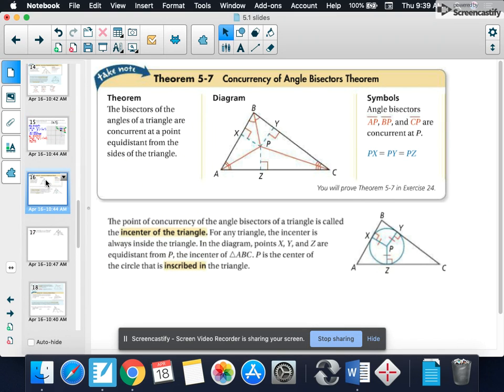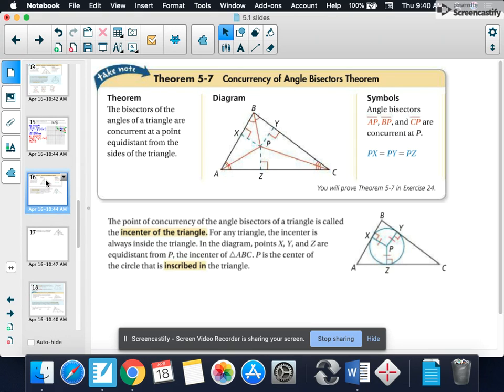Next we're going to talk about concurrency of angle bisectors. It's a similar concept, except now we're looking at the angle bisectors instead of the perpendicular bisectors. The bisectors of the angles of the triangle are concurrent at a point that's equidistant from the sides of the triangle.